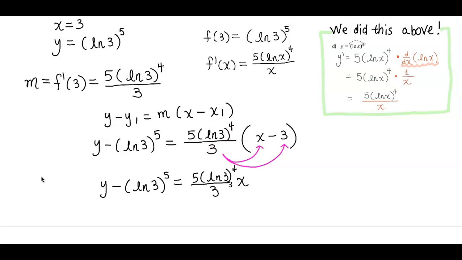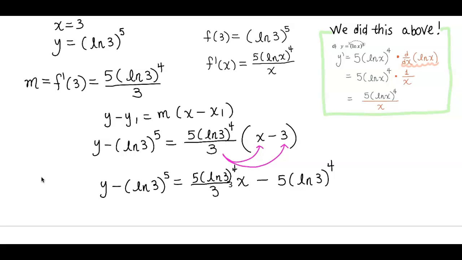If I multiply this times -3, you see what will happen, right? The 3 in the bottom of the fraction and the 3 up there will cancel out. So I will only have minus 5 times natural log of 3 raised to the 4th power.